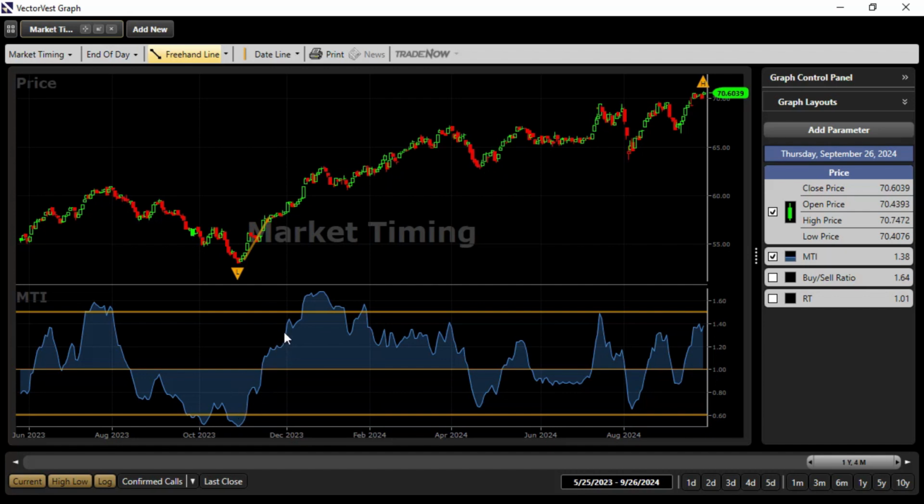As the MTI crosses above 1, we enter the trending phase, where the slope of the price appreciation line normalizes, and then finally we enter the topping phase.